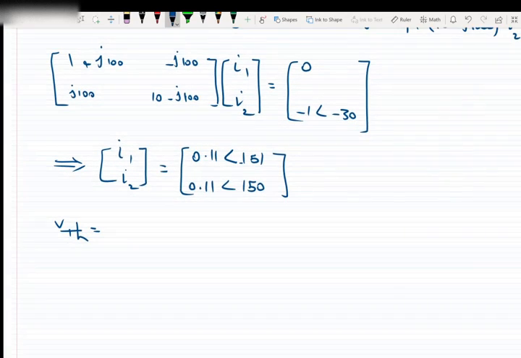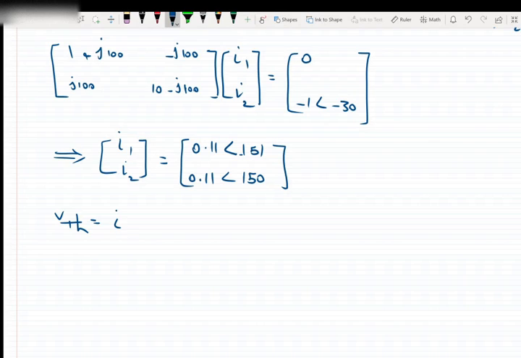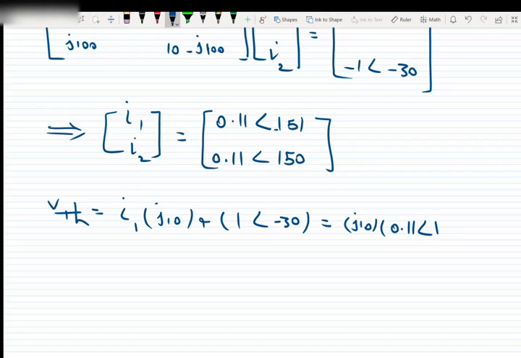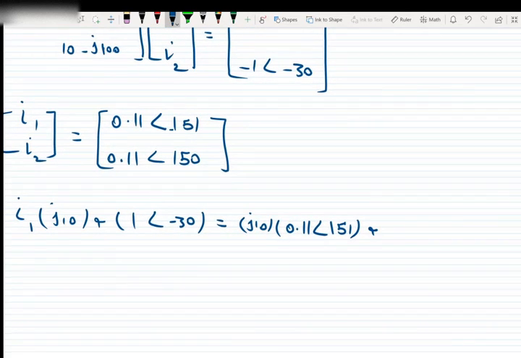So we can write it: I1 times J10 plus 1 with the angle of negative 30, which is the voltage source, which is equal to J10 times I1, which is 0.11 with the angle of 151, plus 1 with the angle of negative 30.